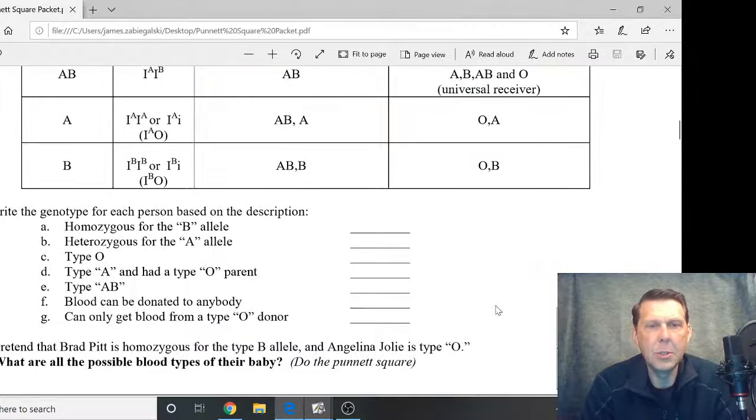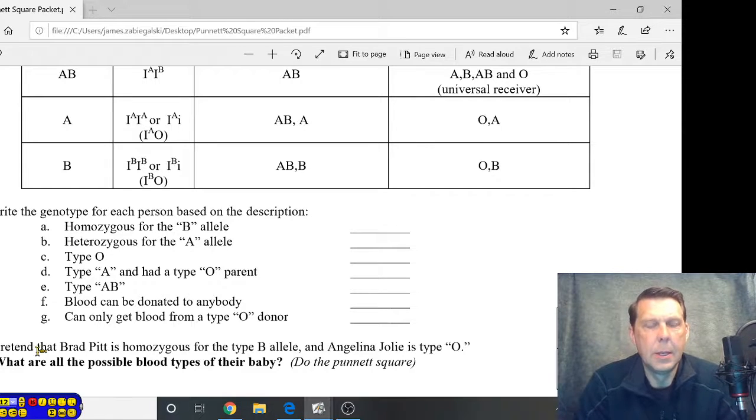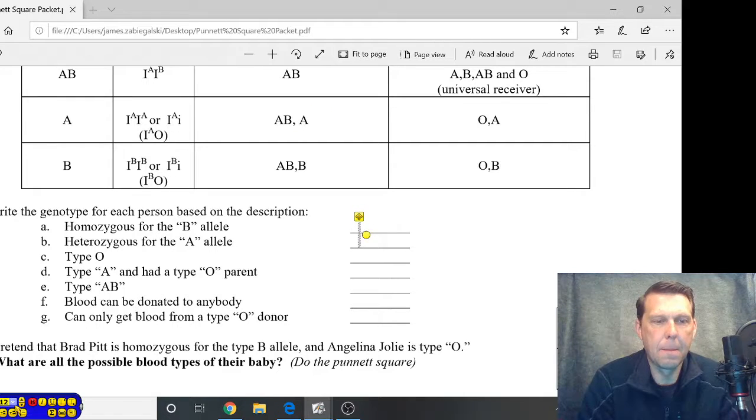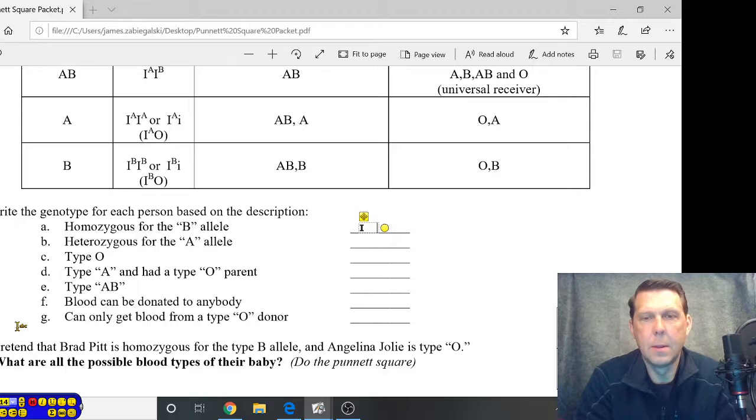Okay. So here's a couple of questions here, and we'll fill these in. I'll do my best. Let's see. Write the type of genotype. Homozygous for B. So homozygous means there's I, an allele, a gene from mom and a gene from dad.